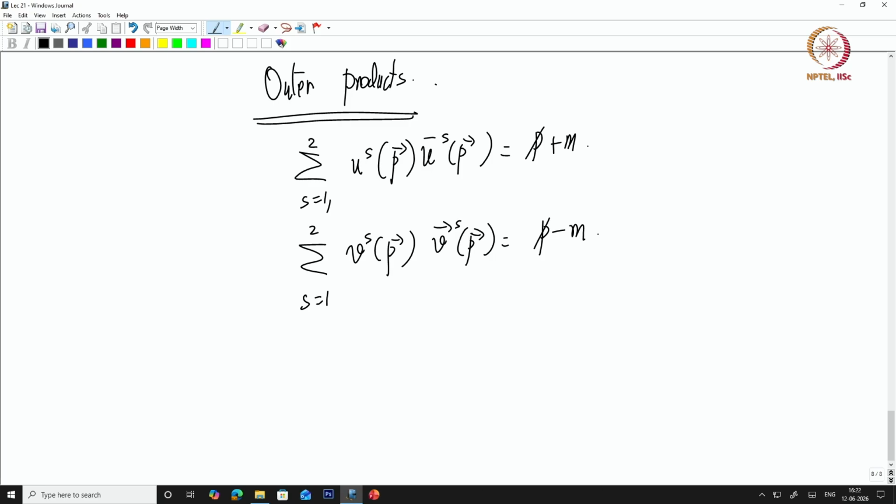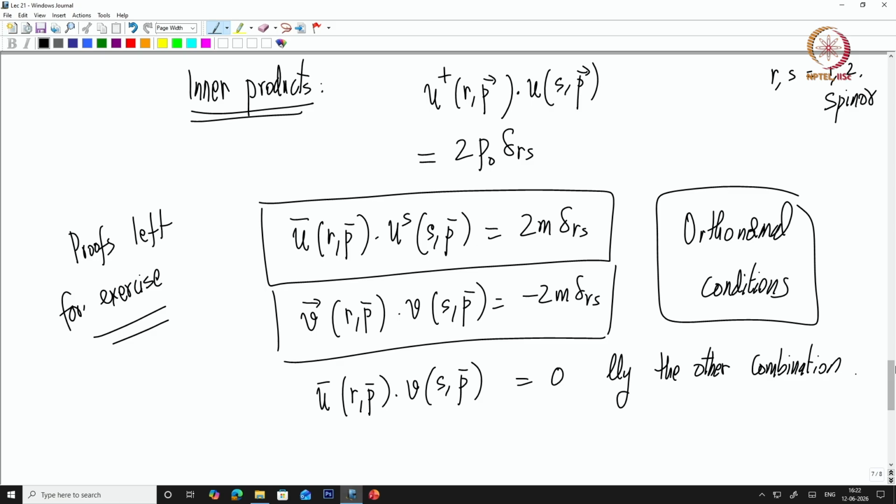So, summing over all this, this is the outer product. So, this is a matrix, whereas the earlier one is a number: it is 0 or m, or if you normalize, it just becomes 1.